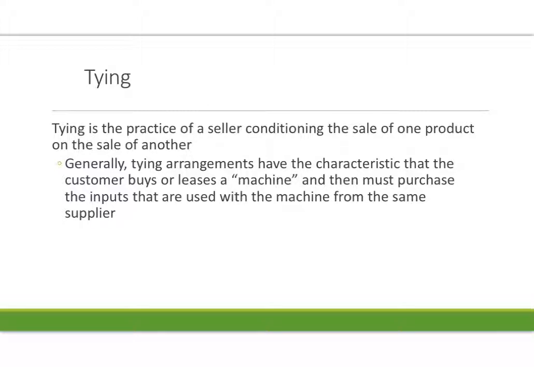Sometimes car dealerships will tie the sale of a good onto future service. But anytime buying one good obligates you to use that seller for some other related good going forward, that is a tying relationship.